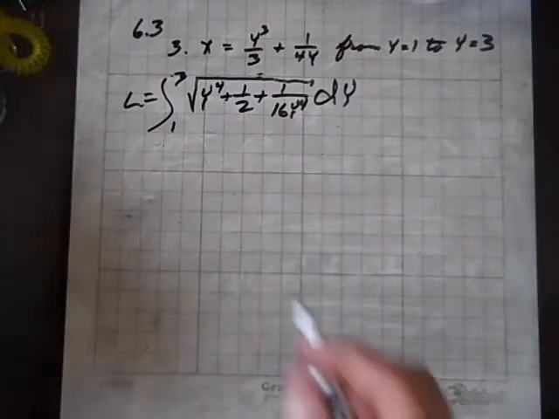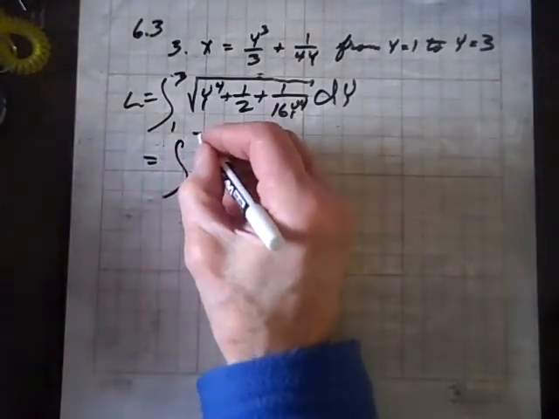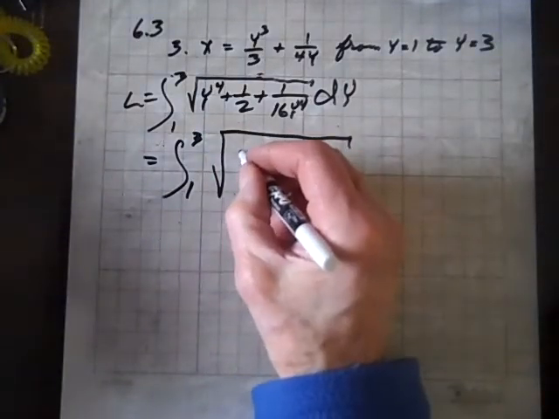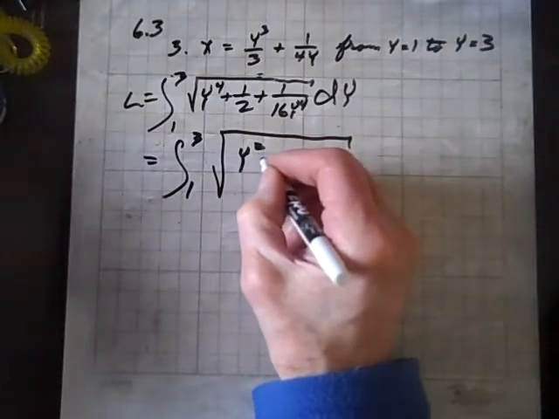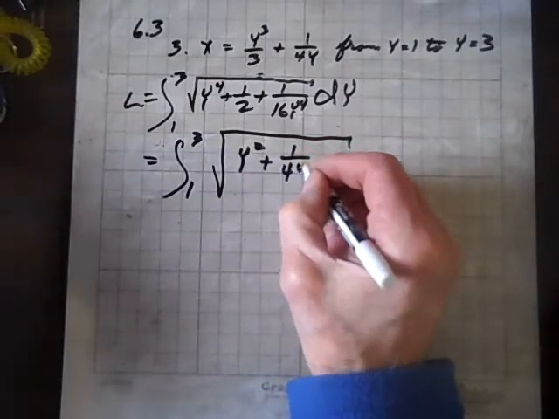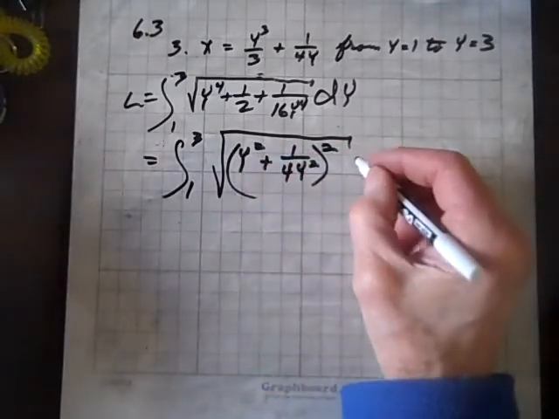Now this equals the integral from 1 to 3 of the square root of (y squared plus 1 over 4y squared) squared dy.